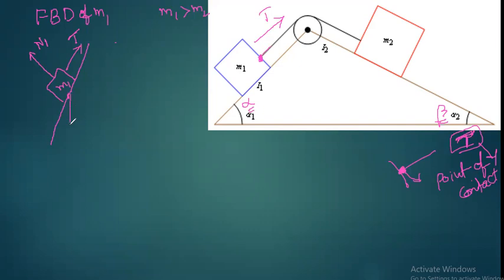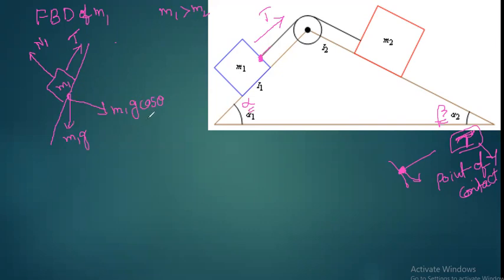This is our M1G, and perpendicular to the surface, simply, no need of writing this one, write directly perpendicular to this one. That is M1G cos theta, right? Just draw perpendicular to that. That is M1G cos theta. Just simply drop the other one, M1G. M1G cos theta.